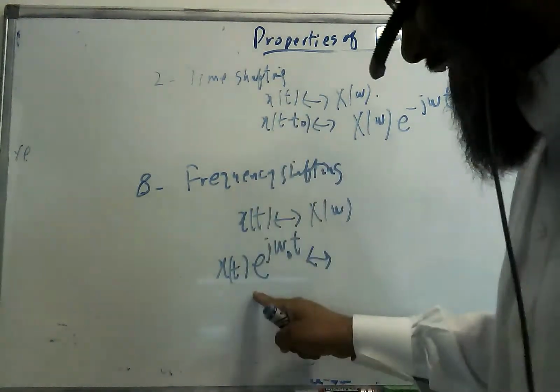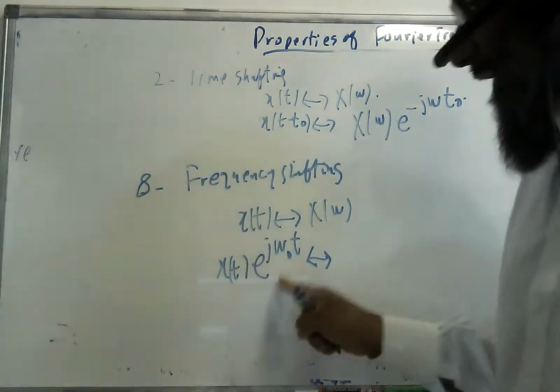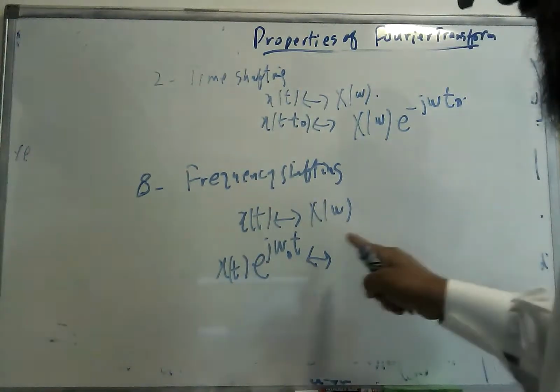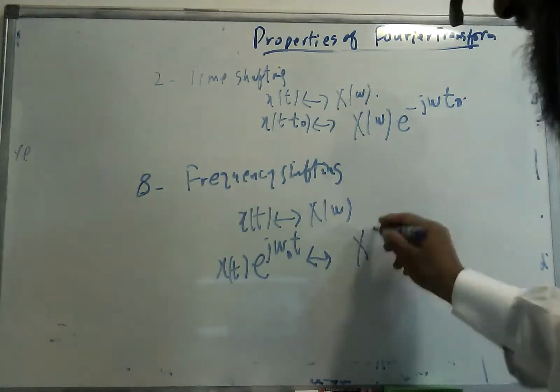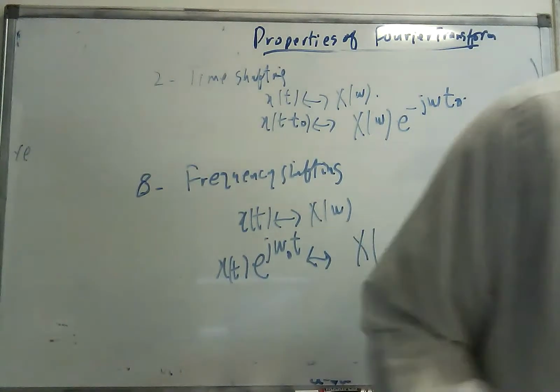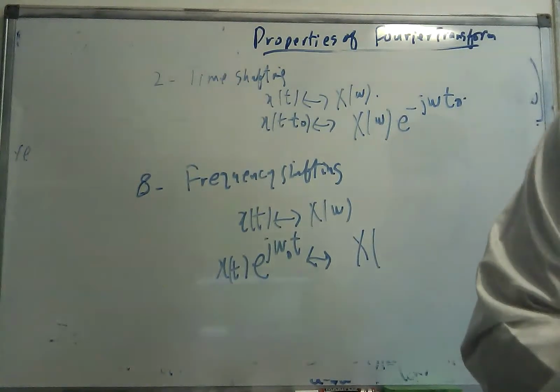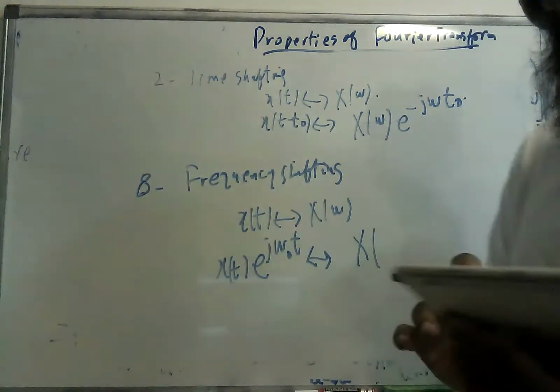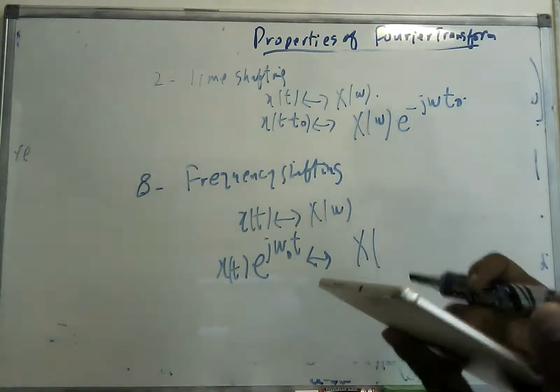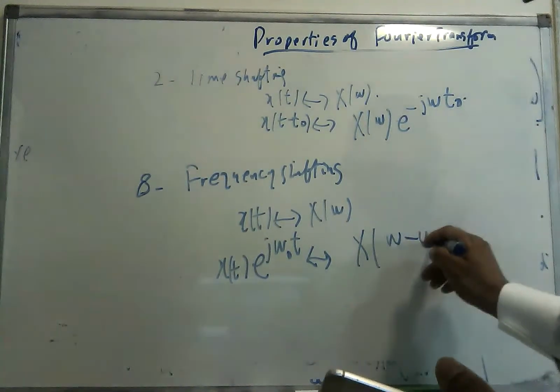Here, when we multiply the time domain by an exponential, we see a shift in frequency, omega minus omega naught.